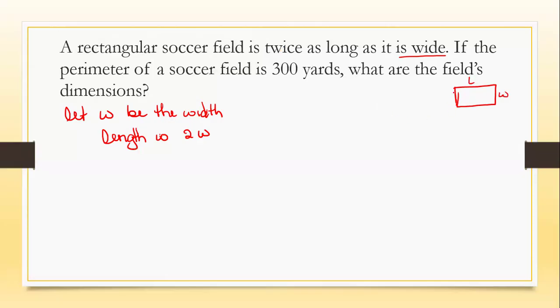The perimeter of a rectangle is given by the formula 2 times the length plus 2 times the width. So now let's substitute into our formula. We have our perimeter, 2 times the length. Our length is 2W, so 2 times the length plus 2 times the width is equal to our perimeter, which is 300 yards.